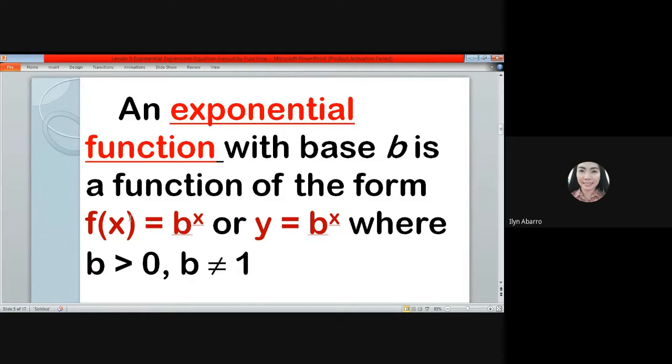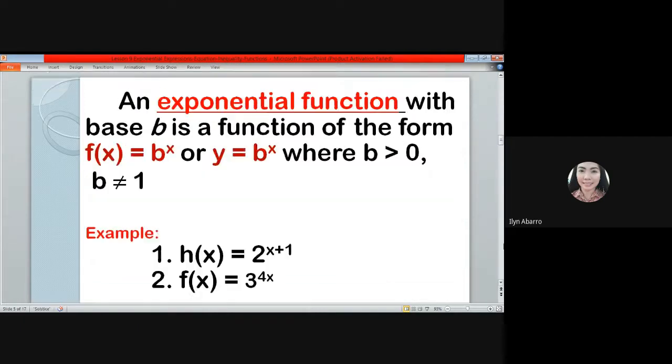So an exponential function can be written as f of x is equal to b raised to x, or y equals b raised to x, where the base b should be greater than 0 and not equal to 1. This is a function.